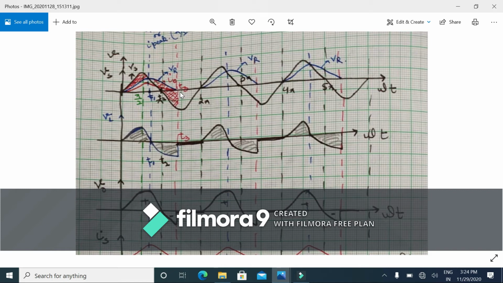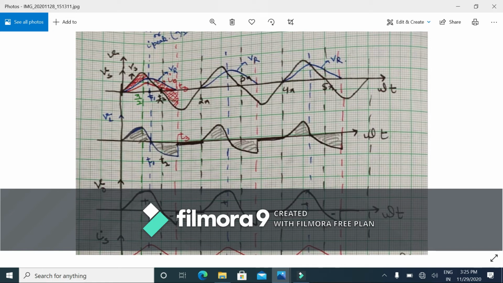So the diode is conducting from 0 to T3, this is the extinction angle, and our output voltage will follow the source voltage. That's why I am showing the output voltage from 0 to this beta, or T3, interval following the source voltage.